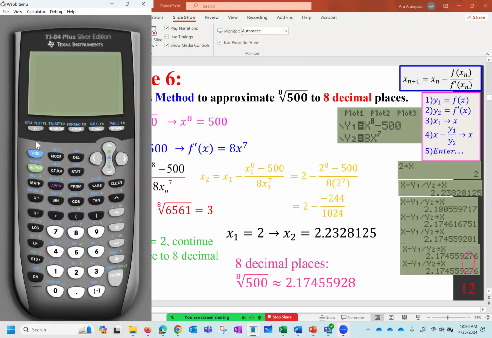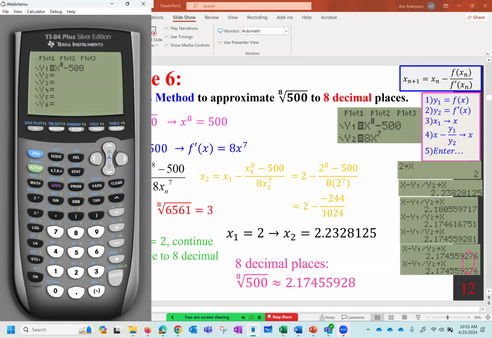So y1, we're going to put f of x, which is x to the power of 8 minus 500.